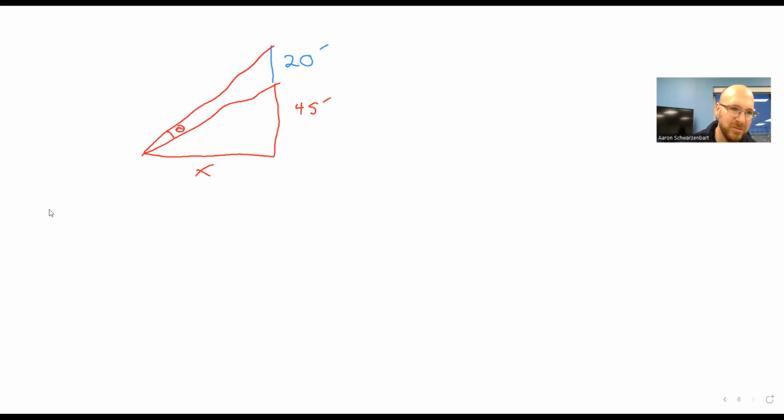Well, we know that we have these two triangles here, theta 1, and there's another one here that does the whole thing, that's theta 2. And we know theta is equal to theta 2 minus theta 1.